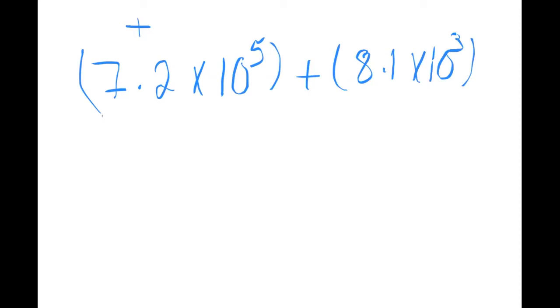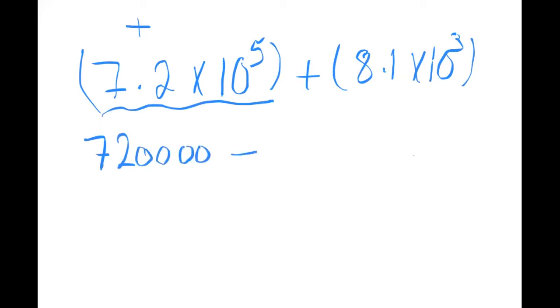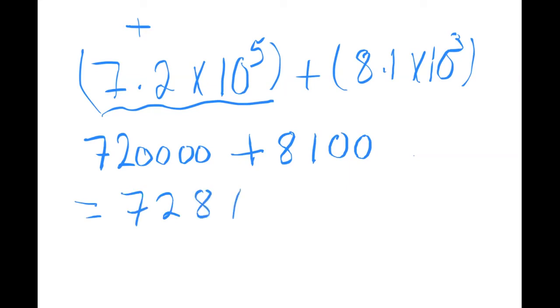So I will write this in expanded form. It will be 72000 plus 8100. Then I add them. It will be 728,100.